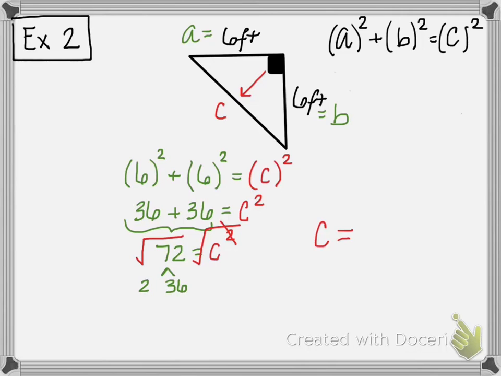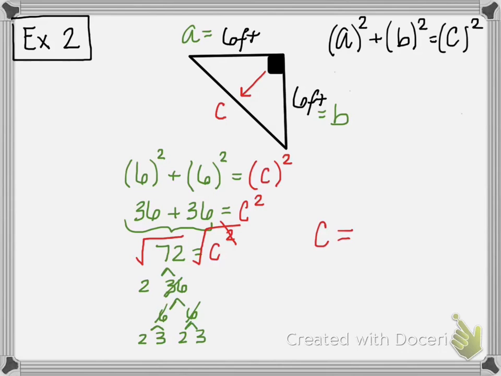I just chose to use 2 and 36. 36 can break down into 6 and 6. And then I like to get rid of that 36 as I go. And then 6 we can break down into 2 and 3, get rid of the 6. And same thing over here. We could break down into 2 and 3, get rid of the 6.